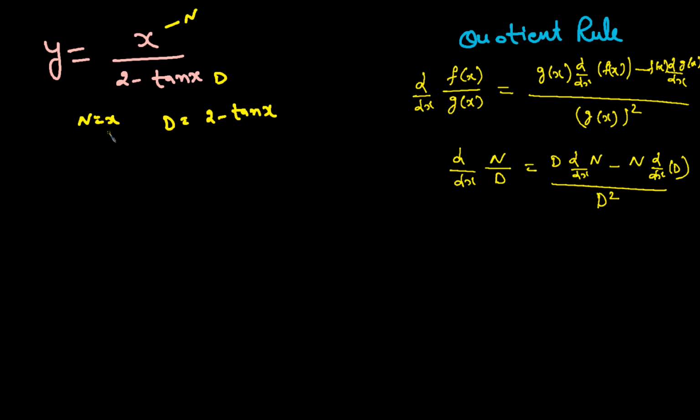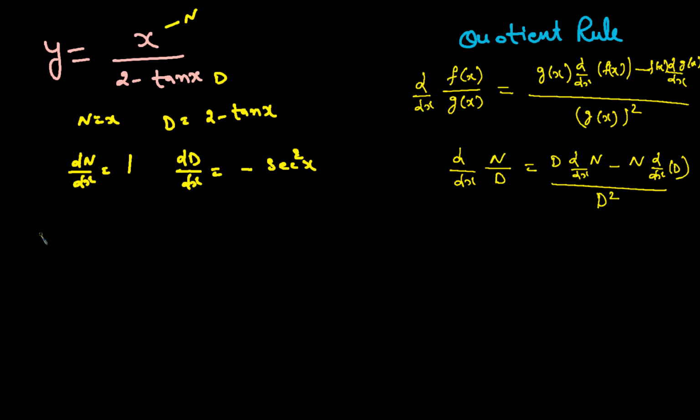The derivative of x, which is dn over dx, gives me 1, and the derivative of the denominator is the derivative of a constant, which means there is no change, so it is 0, minus the derivative of tangent x, which is going to be secant square x.